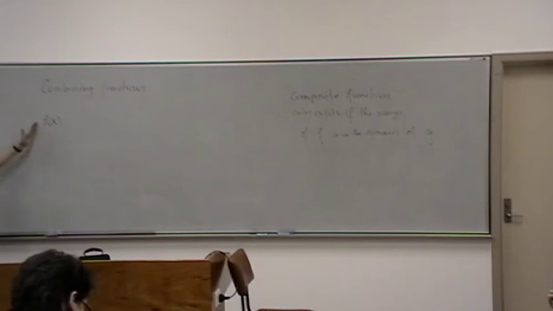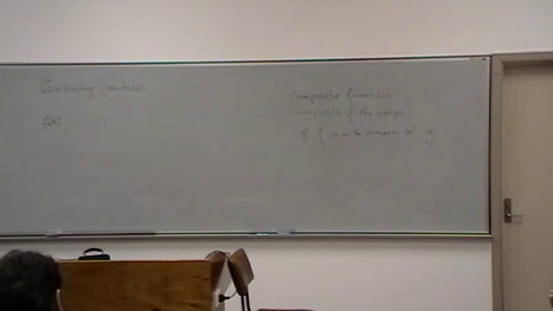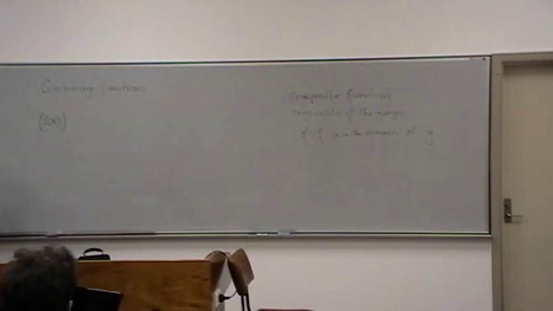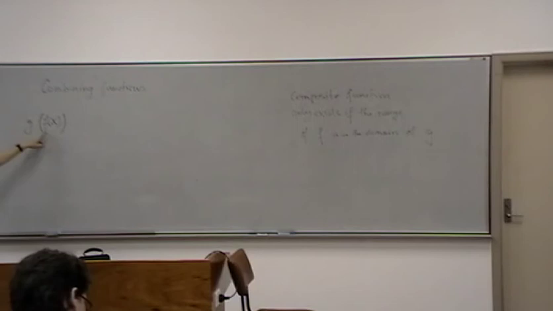So if we have f and an argument x in parentheses, this means the function f has been applied to x. And then we take this as a new input of the function g. So we often will write g of f of x. g of f of x is the composite function of f and g.